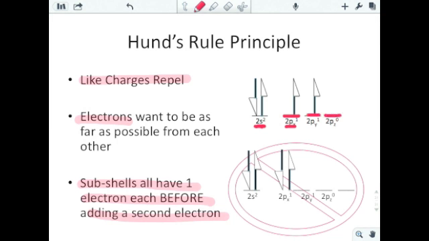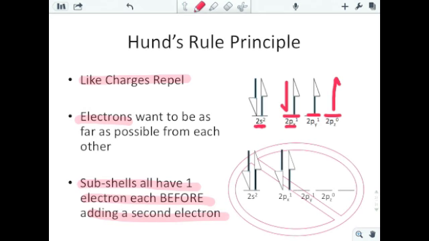What Hund's rule means is that every single subshell will get an electron before another one gets 2. So the next electron would go right here, and then the next electron would go right there. And before this 2px would get a second electron, all 3 of them would have to have at least 1. And that's basically what Hund's rule is.